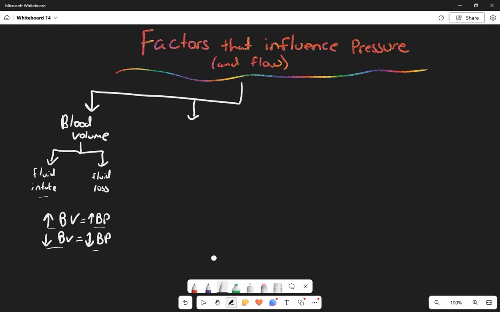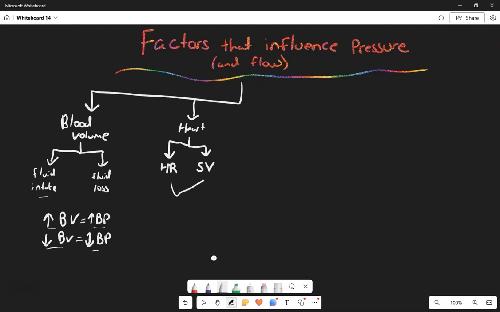Other thing that can dictate our pressure, it can be dictated by the heart and how much blood the heart is pumping out into the circulatory system. So this can be dictated by our heart rate, and it can be dictated by our stroke volume.